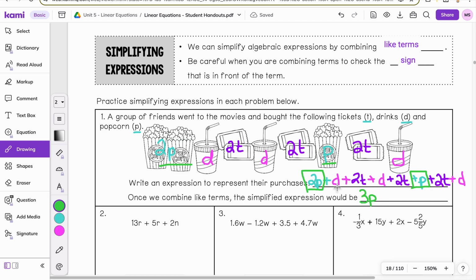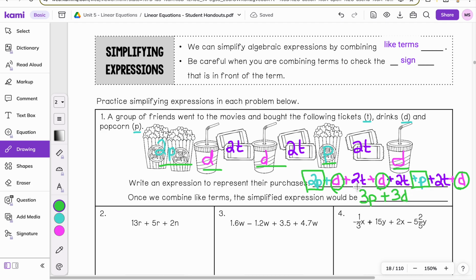They bought some drinks, so I can combine my drinks. So I have 1D plus 1D plus 1D. And as we can see in the picture, that translates to 1, 2, 3 drinks. So D plus D plus D would give us 3 drinks, 3D.